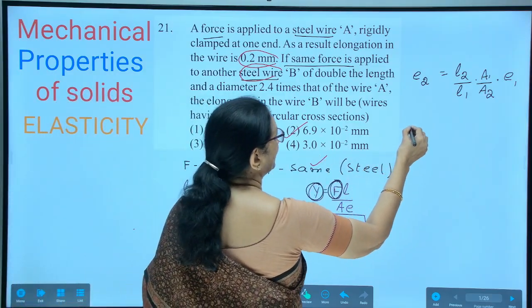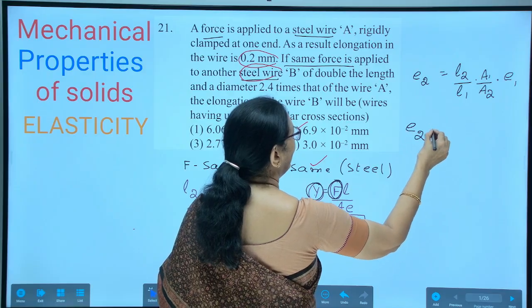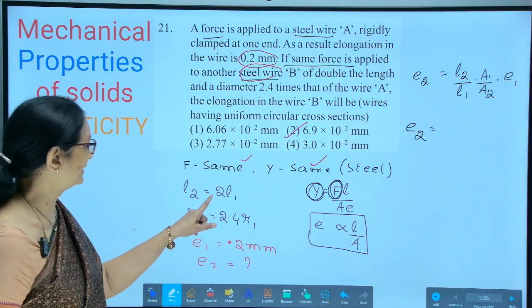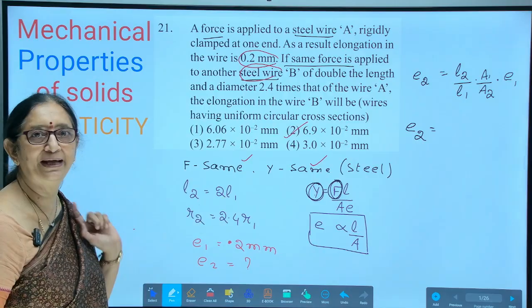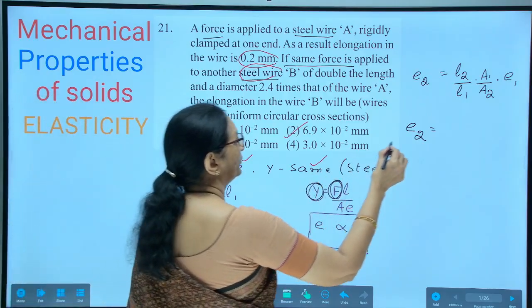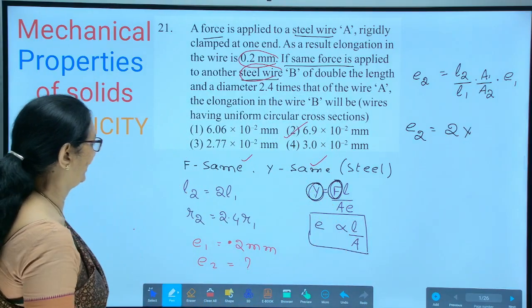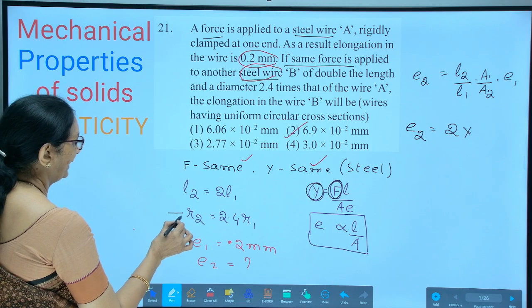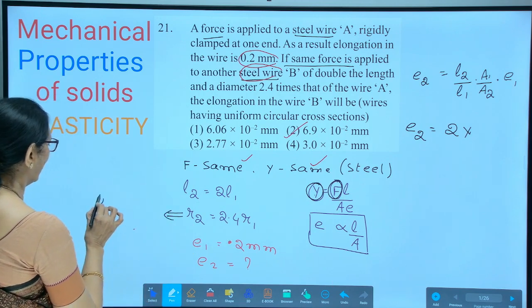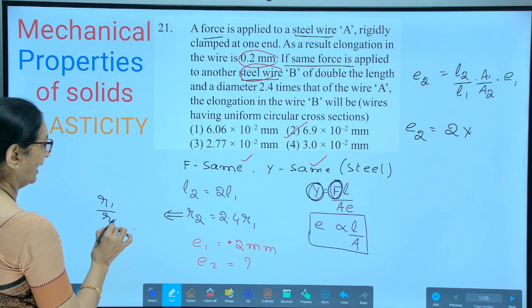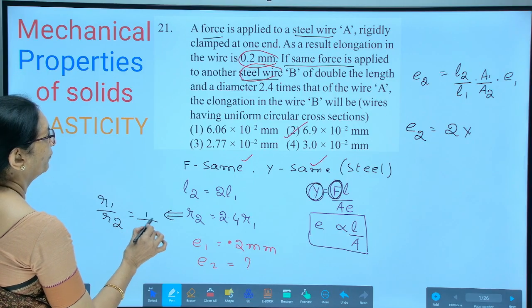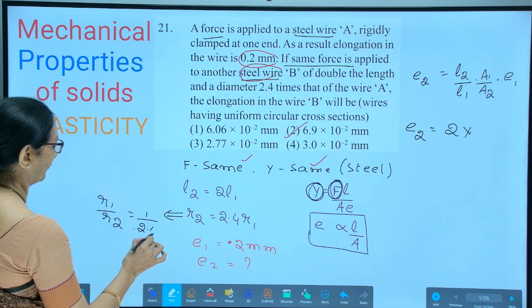Let us substitute the data given. E2 is equal to, from this expression, what is L2 by L1? It is equal to 2. And what is A1 by A2? See here, ratio of R1 and R2. R1 by R2 is equal to 1 by 2.4.